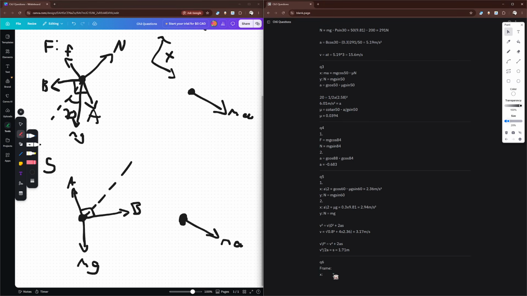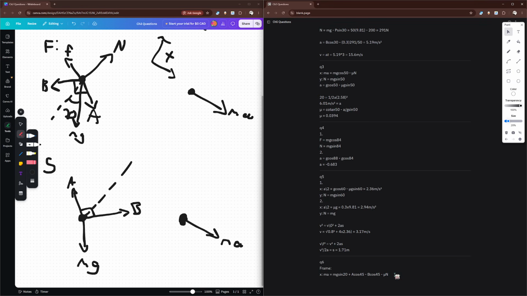So, in the x direction, we have ma is equal to mg sine 20 plus A cosine 45 minus B cosine 45. If you think about it, sine 45 and cos 45 are exactly equal, so that doesn't really matter. Use whatever you want.